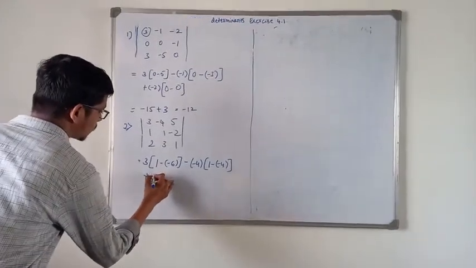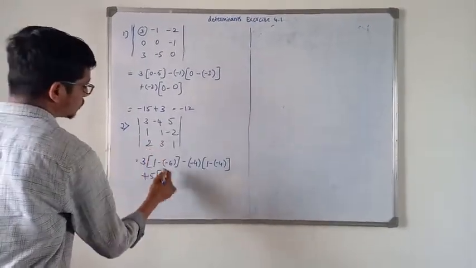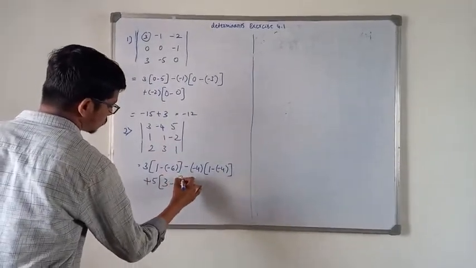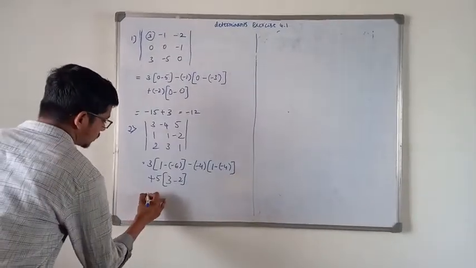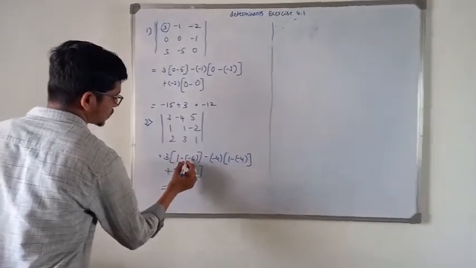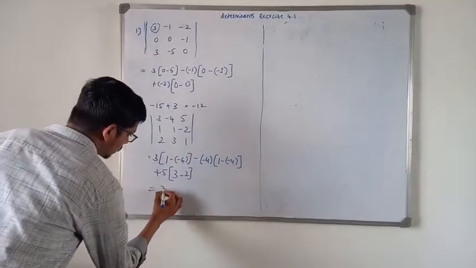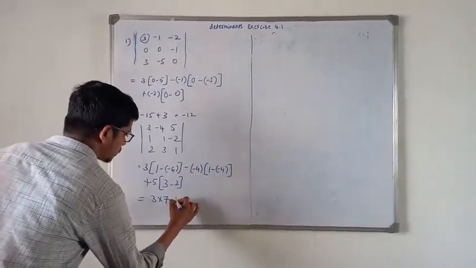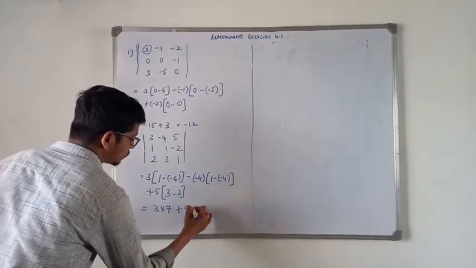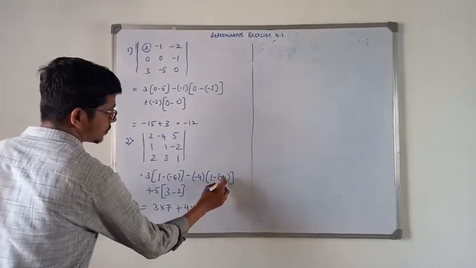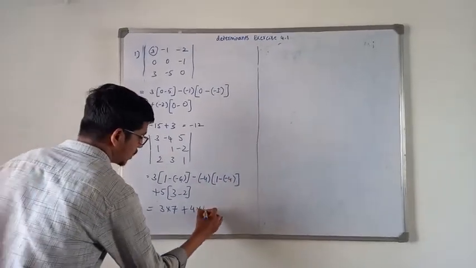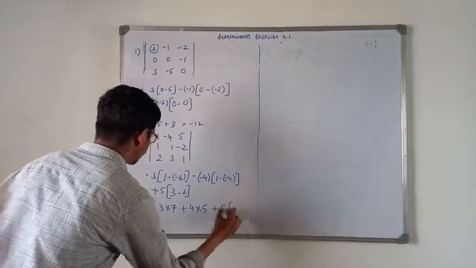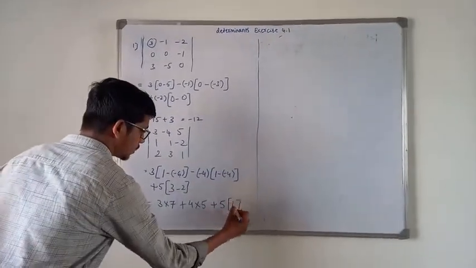plus 5 into 1 into 3 is 3, 2 into 1 is minus 2. That is equal to minus into minus plus, 6 plus 1 is 7, 3 into 7, minus into minus plus, 4 into minus plus, 4 plus 1 is 5, plus 5 into 3 minus 2 is 1.